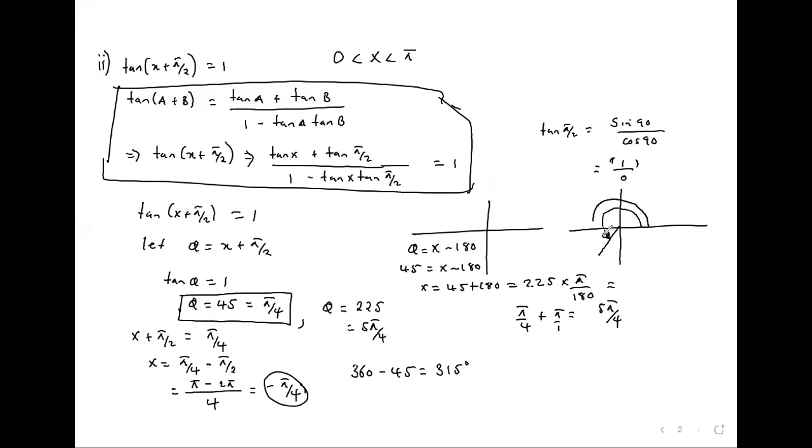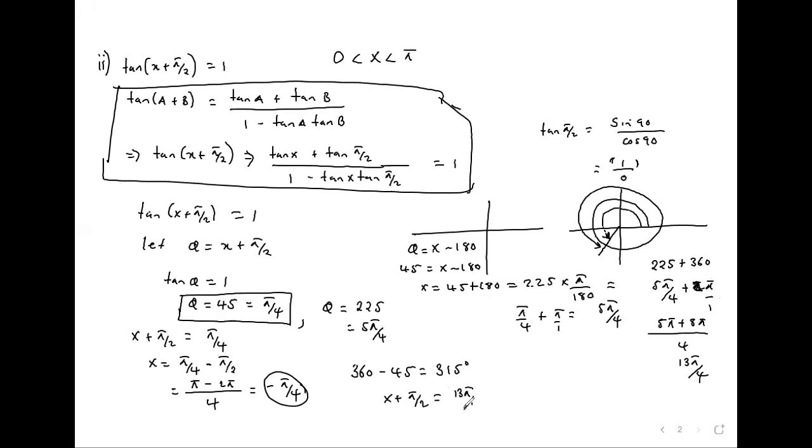So come this way and all the way up to there. Meaning 225 plus 360. That would be 225, which is 5 pi over 4, plus 2 pi. Over 1, so we have 5 pi plus 8 pi. This gives us 13 pi over 4. So we are saying x plus pi over 2 is equal to 13 pi over 4.